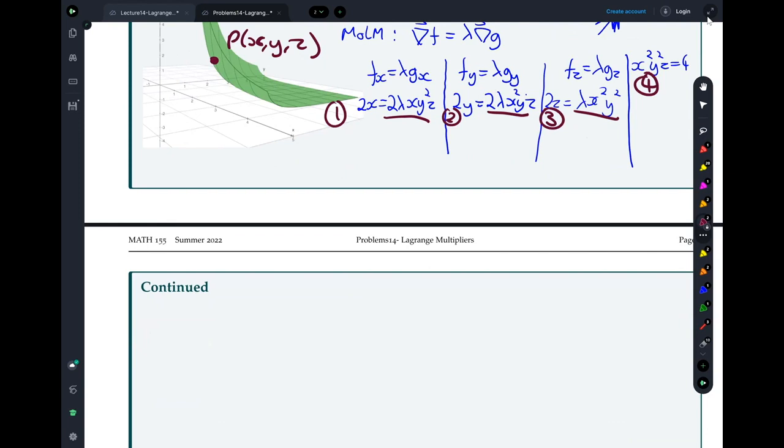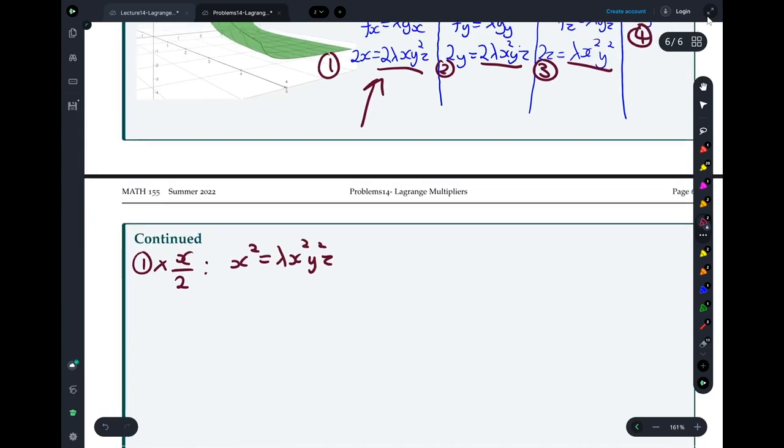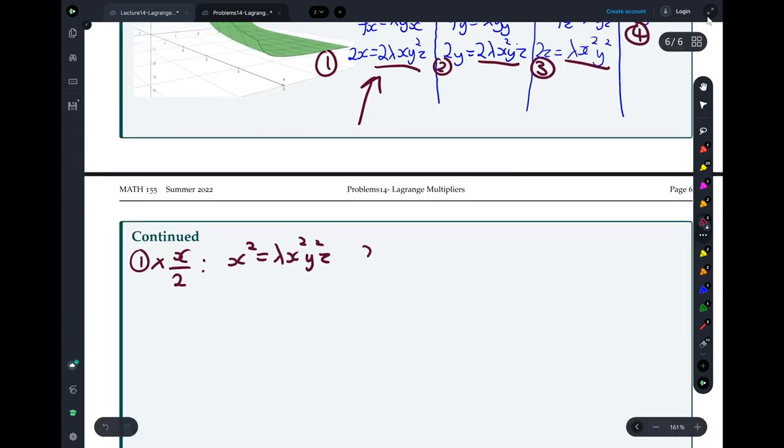Okay, so in the first case, I'm just going to multiply this first equation here by x over 2. The reason for the over 2 is just to get rid of the factors of 2 on each side. And this is going to give us x squared on the left-hand side is equal to lambda x squared y squared z. And then we're going to take equation 2.